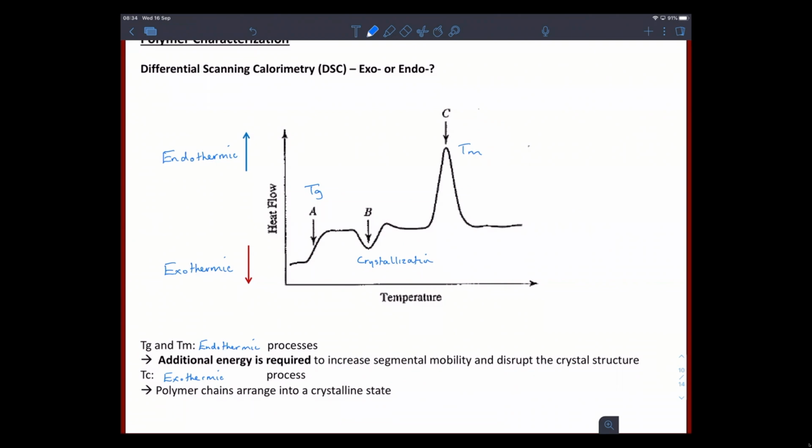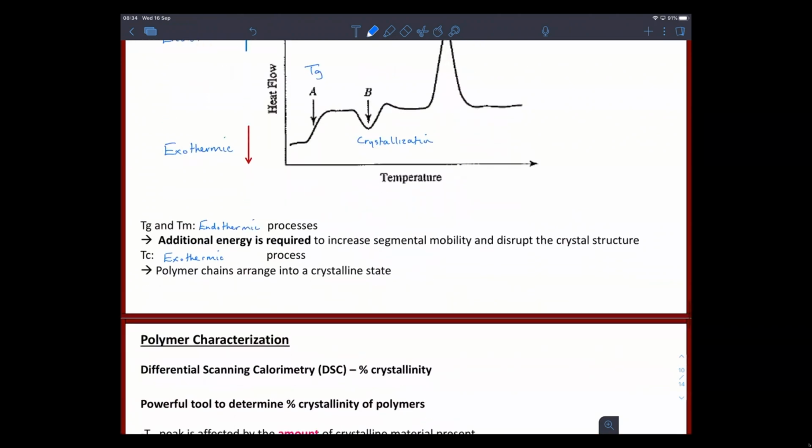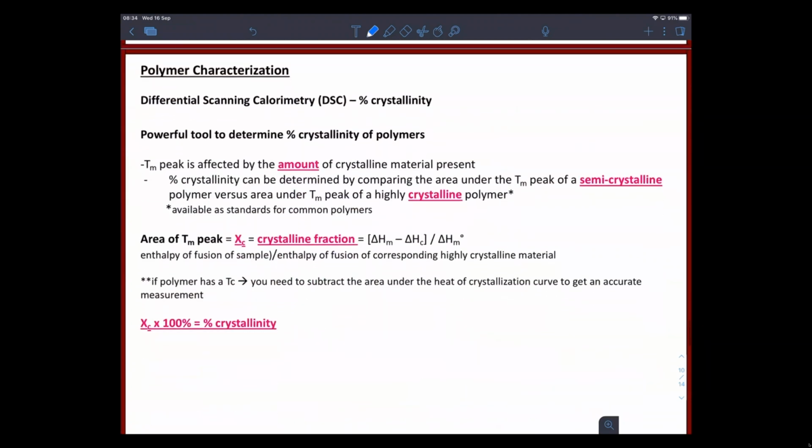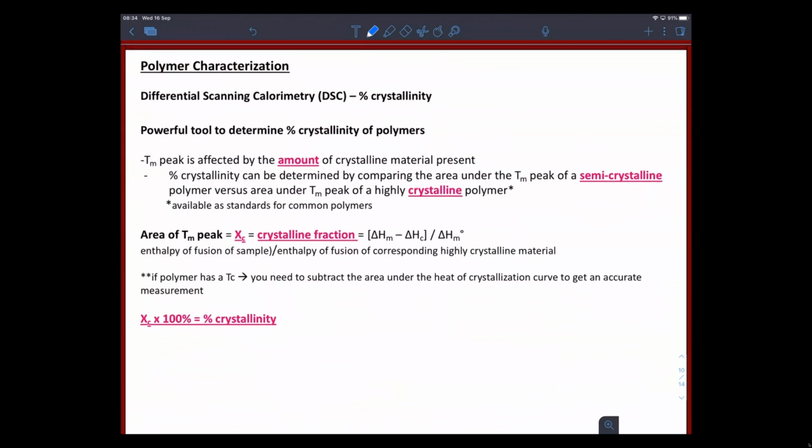Now the TG in relation to the crystallization is something that we can get the thermal history of a polymer from. And I'll cover that in the last two slides. But one thing that we are interested in measuring is the percentage crystallinity from these things. So the TM peak is affected by the amount of crystalline material present.